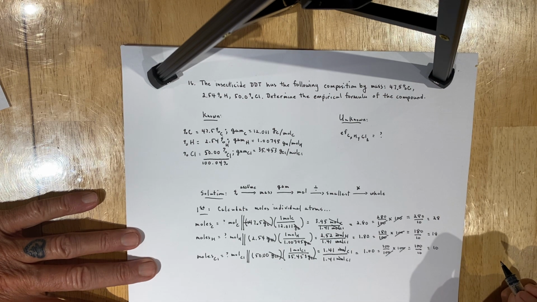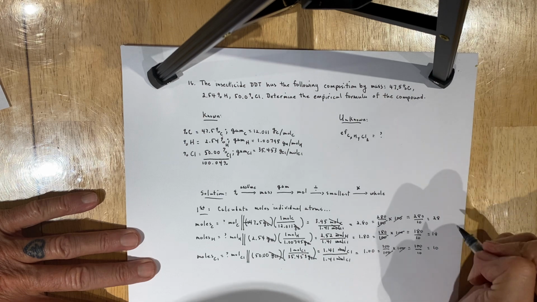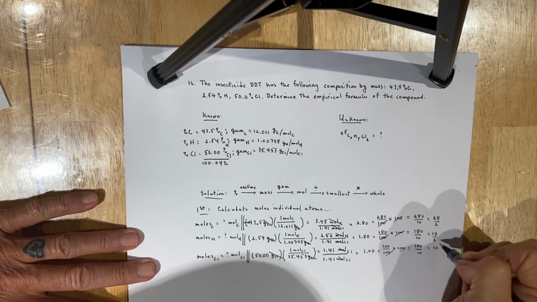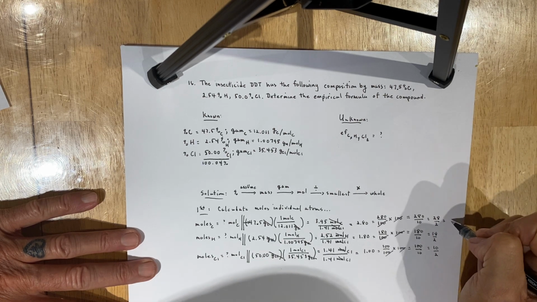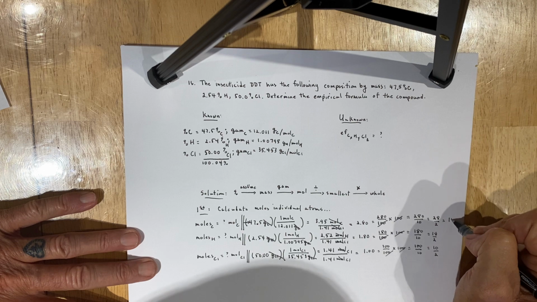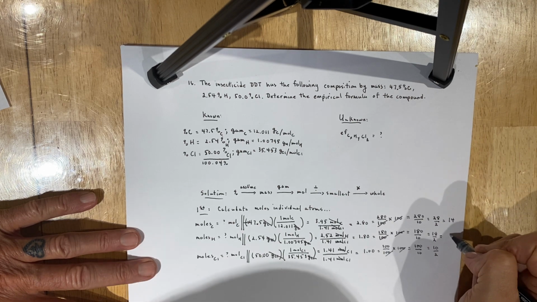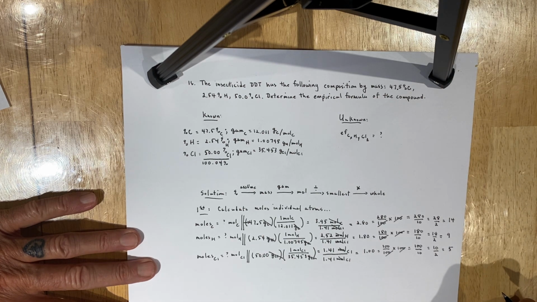Again, it looks like we're going to have to divide these, since they're all even, by 2. So we'll divide these by 2 once again, trying to get the simplest whole number ratio. And the value that I come up with is 14 for carbon, 9 for hydrogen, and 5 for chlorine.